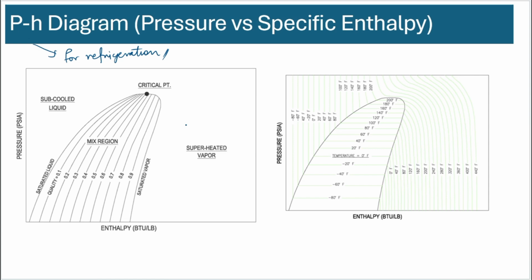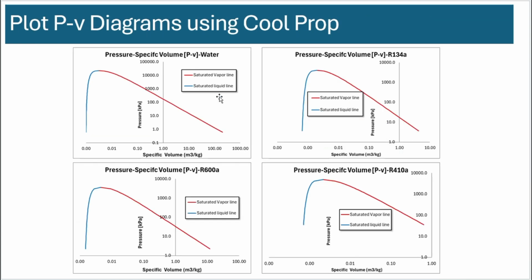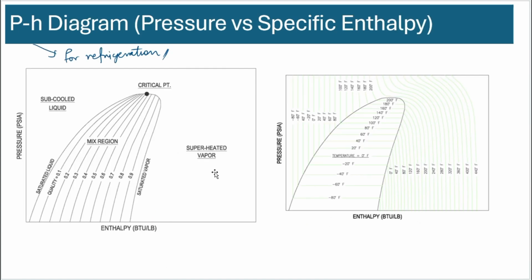It's easier to understand all of them on a pH diagram because it's easy to get a sense of pressure, and enthalpy directly gives a sense of energy efficiency. Unlike this shape, most of them have a shape like this, pressure versus enthalpy. So the shape is like this.